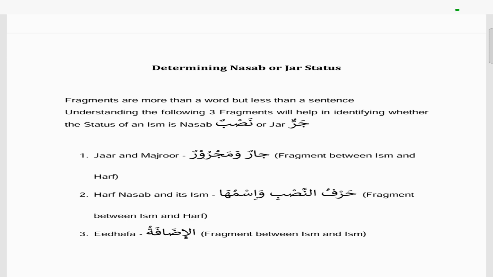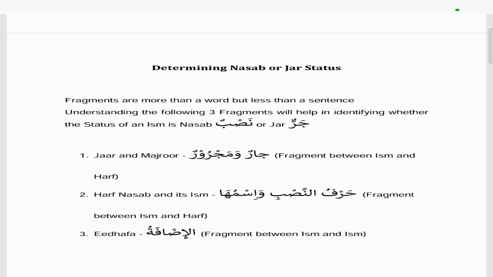So for example, if we remember the plural masculine, mu'minun, the rafa is mu'minuna, the nasab is mu'minina, and the jar is mu'minina as well.